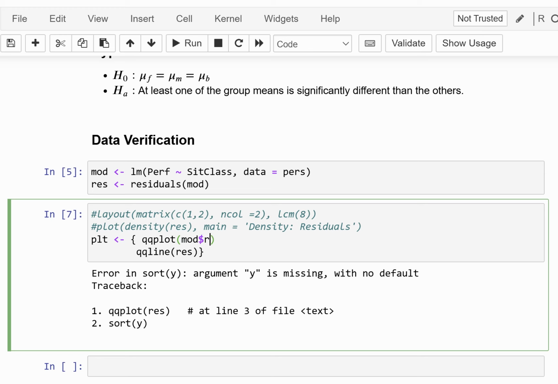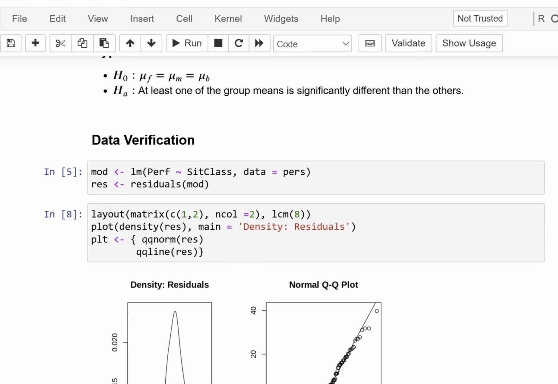So what if I do... oh, I'm not doing a QQ plot. I'm doing QQ norm, dummy. There was the mistake. Let me get rid of this. We're going to do the res. It is a QQ plot, but the name of the function is QQ norm.